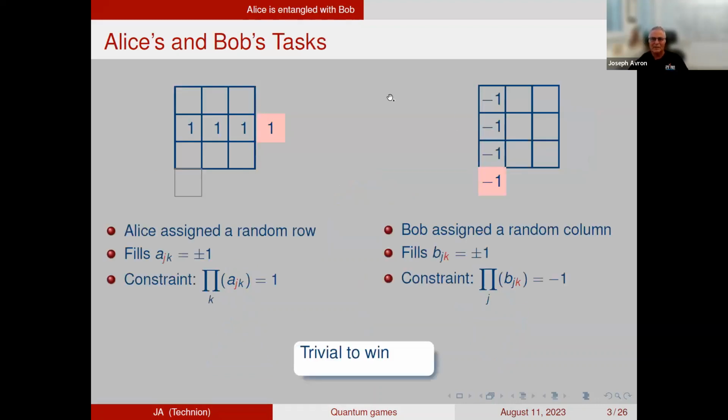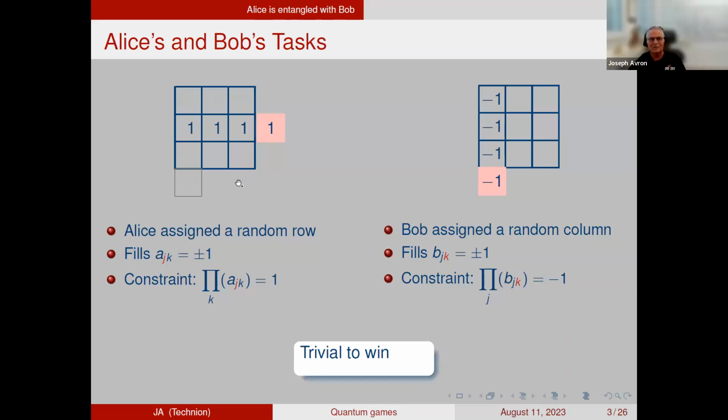So let me explain what are the rules of the game, which Alice and Bob know. There is a square, which is shown here. It's a 3x3 square. Can you see the spotlight, I hope? Yes. So after Alice and Bob decide on whatever strategy they want to use, each of them is put in a different room, and they have no telephone, no internet, they can't communicate.